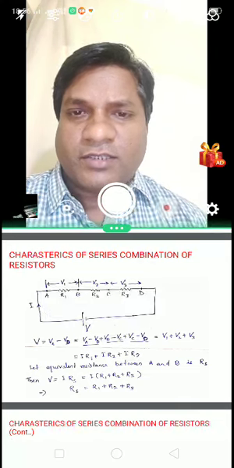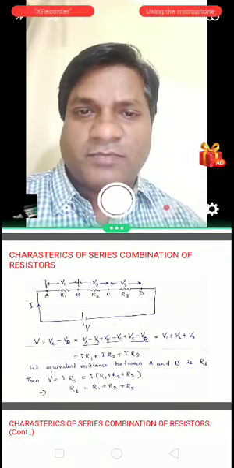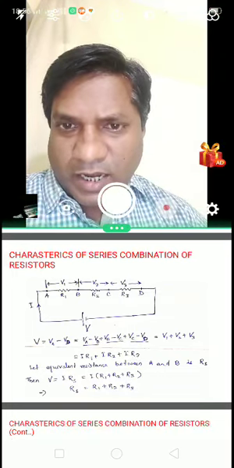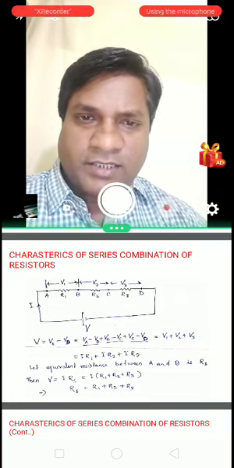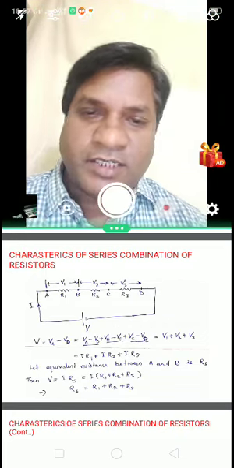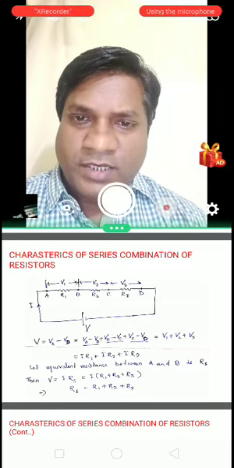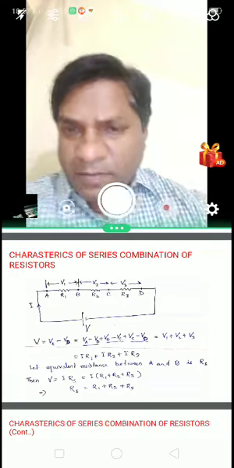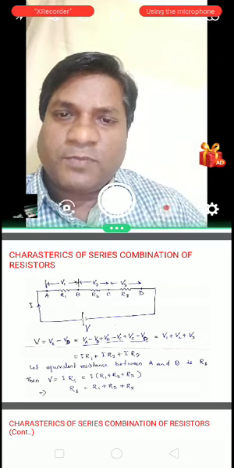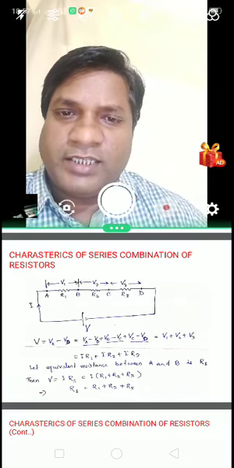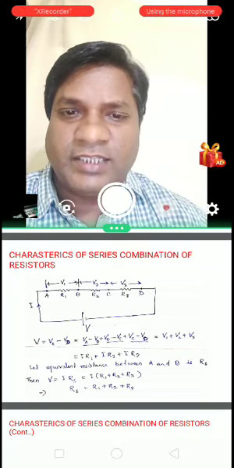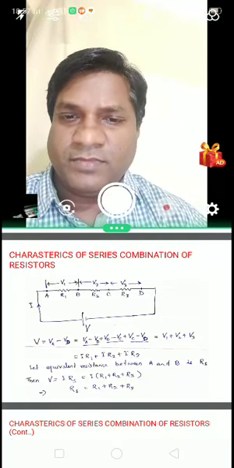Now let's discuss the characteristics of the series combination of resistors. See the figure. R1, R2 and R3 are connected in series and the entire combination is connected across a cell. The terminal potential difference of the cell is V. Suppose the potential at A is represented as VA and the potential at D as VD.